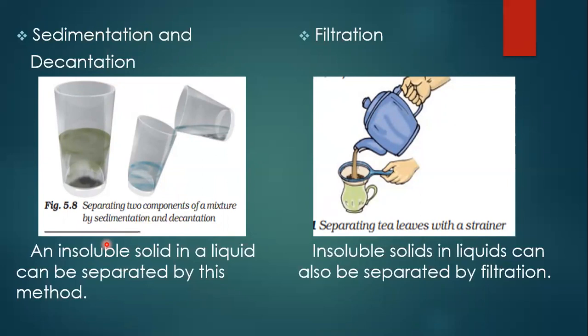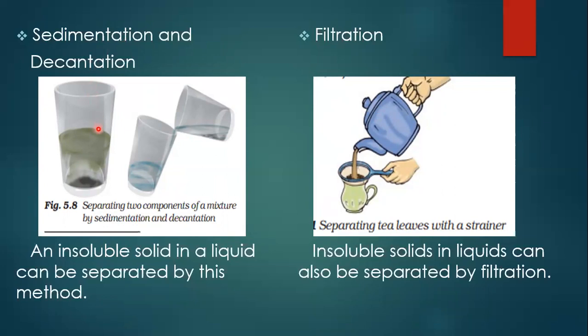If you add some stones or grains in water, they will not dissolve in water, and as they are heavier, they will settle down at the bottom of the vessel, and water will remain above these solid particles. That is sedimentation and decantation.